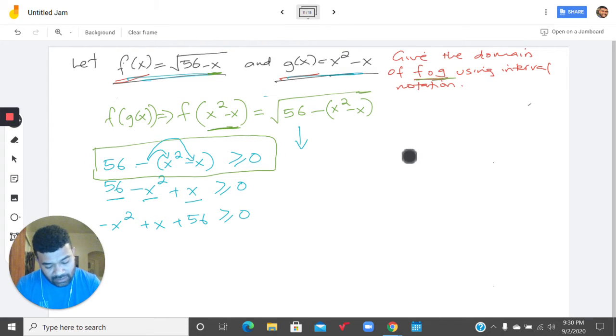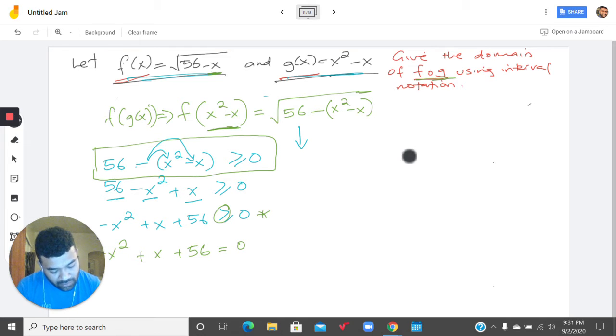So once we reach this point, we can remove the sign. So I can rewrite this as negative x squared plus x plus 56 is equal to 0. And then I need to remove the negative from in front of the x squared, because I don't want any negative in there.